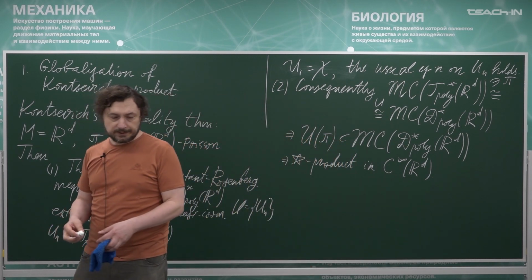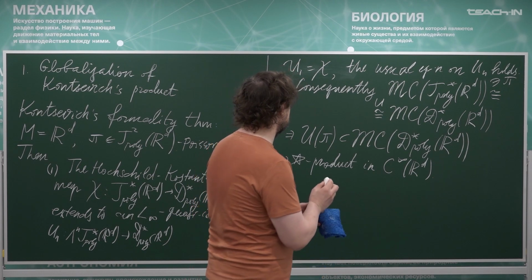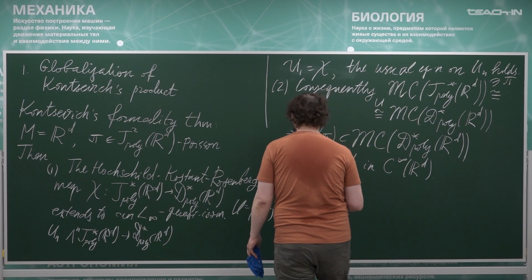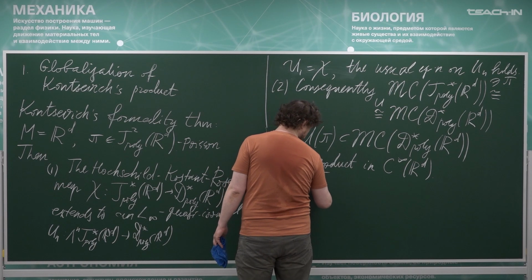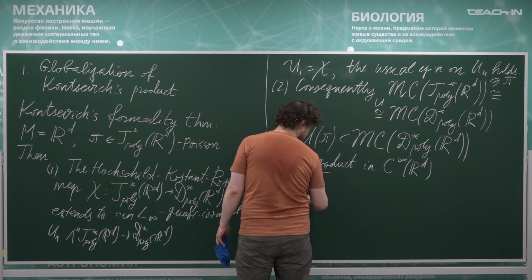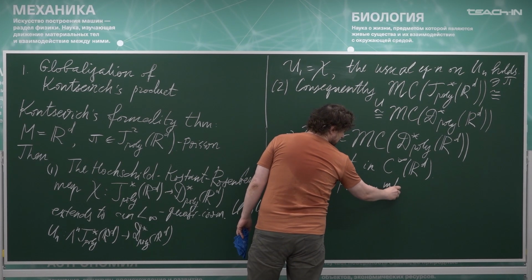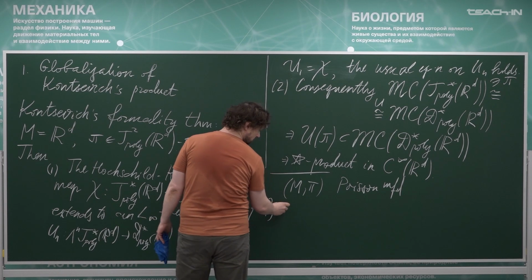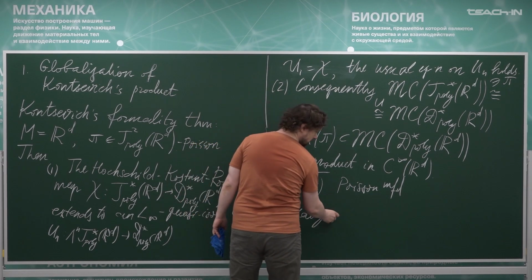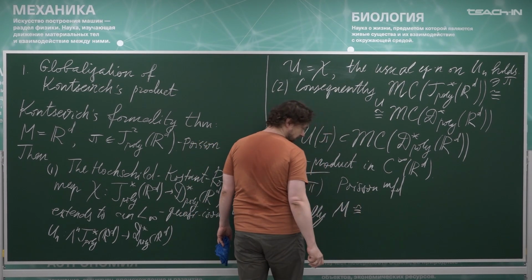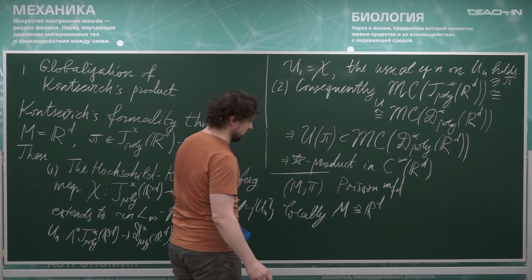As you see, this theorem concerns only the local situation, that is to say, if you consider a generic Poisson manifold M with Poisson bivector pi, and locally M is diffeomorphic to Rd, equipped with a certain Poisson bivector.